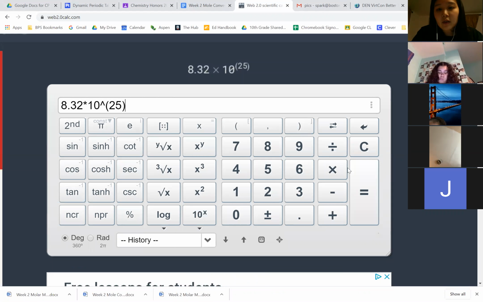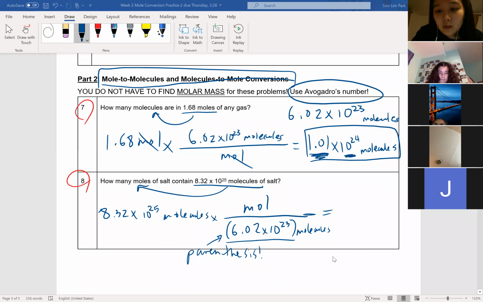All right, so I just wanted to show you guys that so you don't forget the parentheses for 6.02 times 10 to the 23. So our final answer is 138.